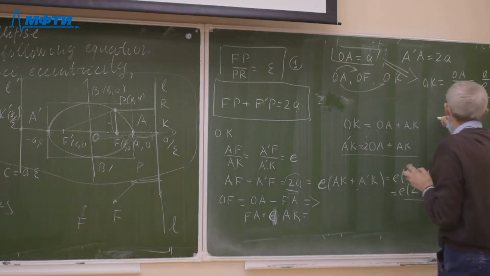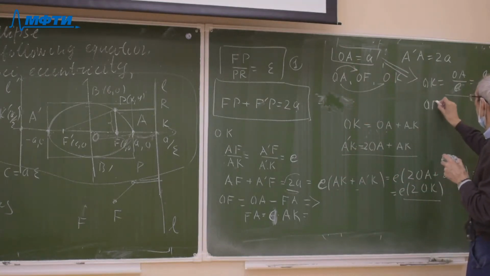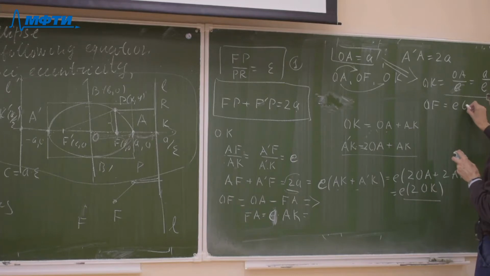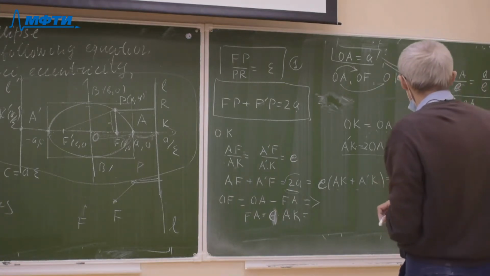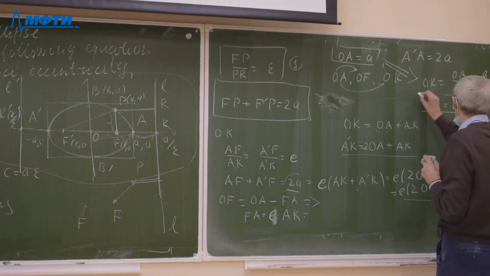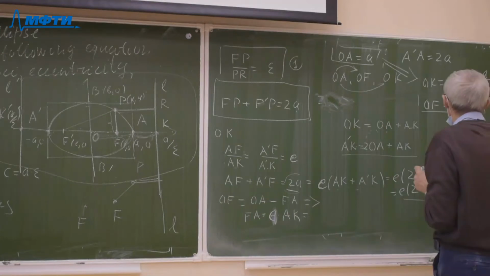I try to obtain the following equality. OF is equal to E times OA.